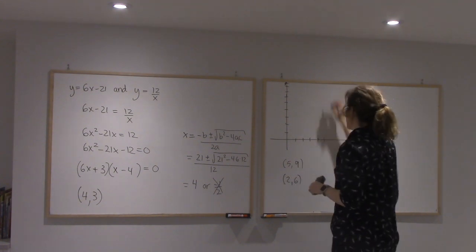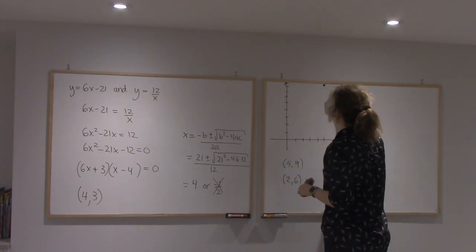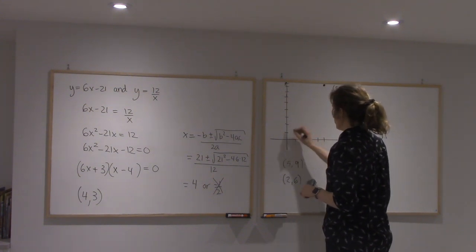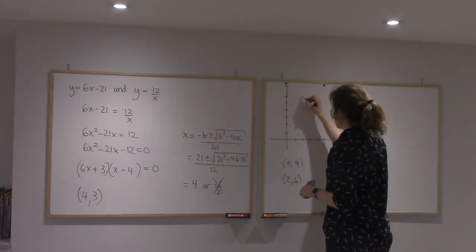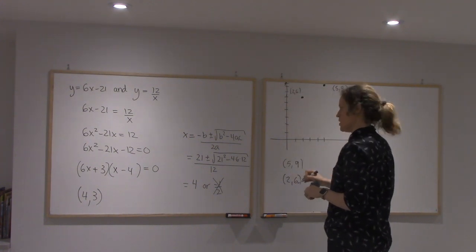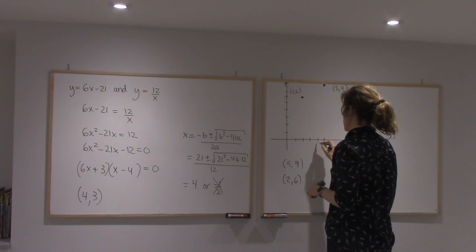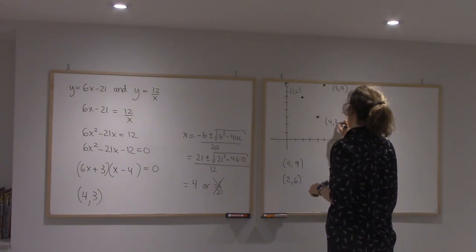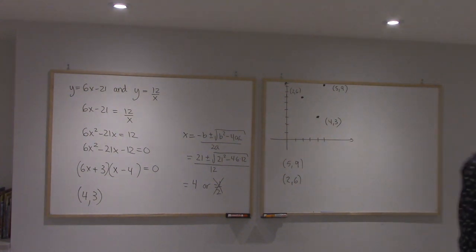All right, so 5, 9. I have 2, 6. And I have 4, 3. So those are the 3 points.